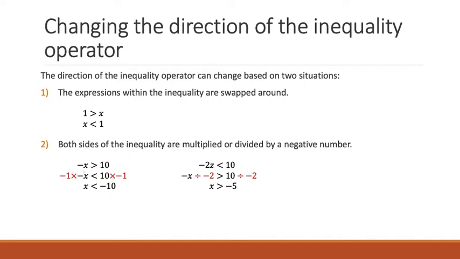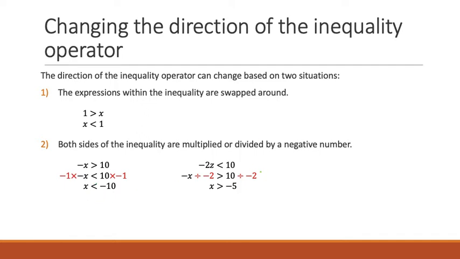So in this case, -x is greater than 10. We're going to multiply both sides by a negative number, -1. Thus, -x will become x, and 10 will become -10. We can say x is less than -10. So on the top line we say -x is greater than 10, and on the bottom we say x is less than -10.